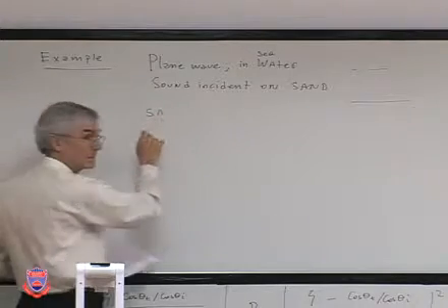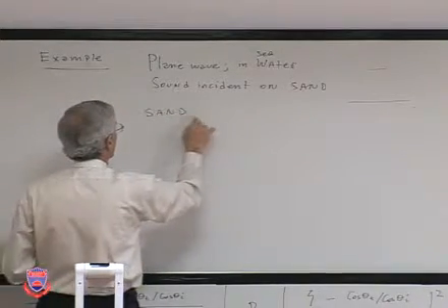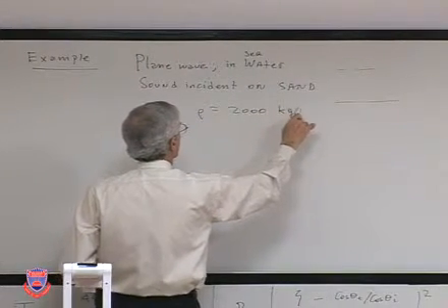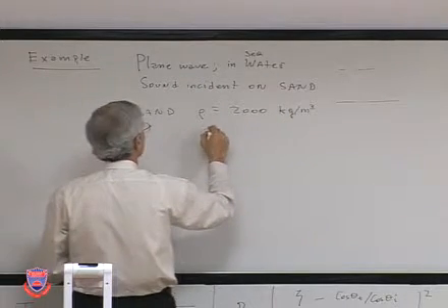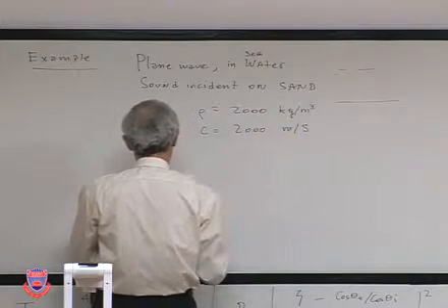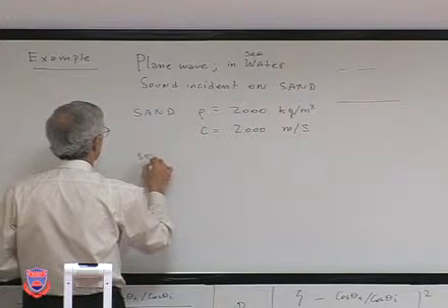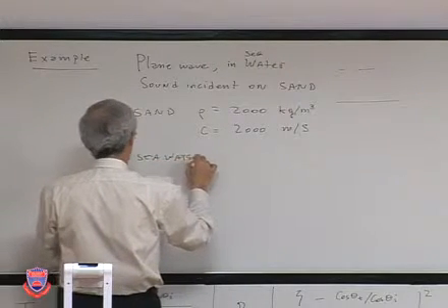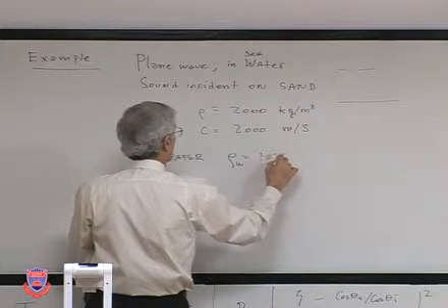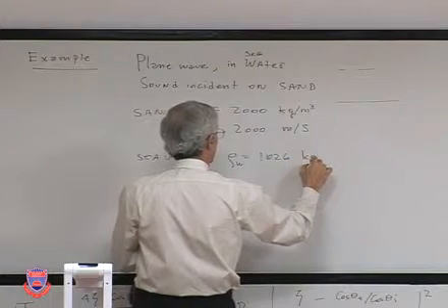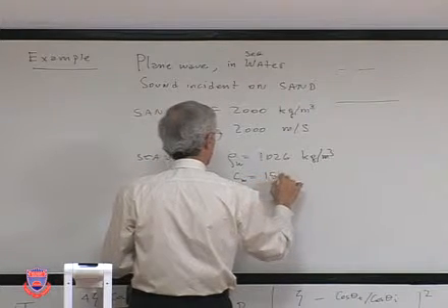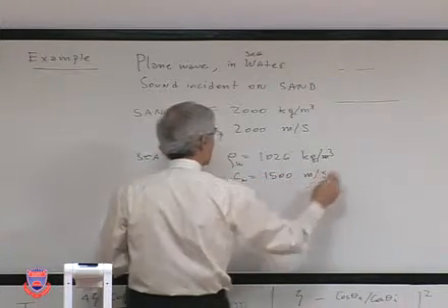So for the sand, we have the properties: density, 2,000 kilograms per meter cube, speed of sound, 2,000 meters per second. And seawater has a density of almost 1,000 kilograms per meter cube, and speed of sound is about 1,500 meters per second.